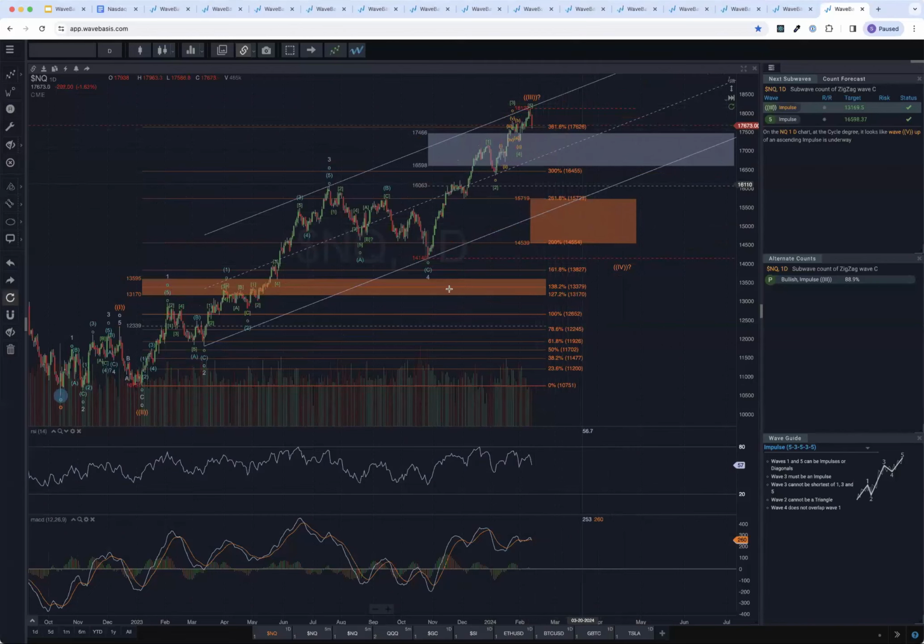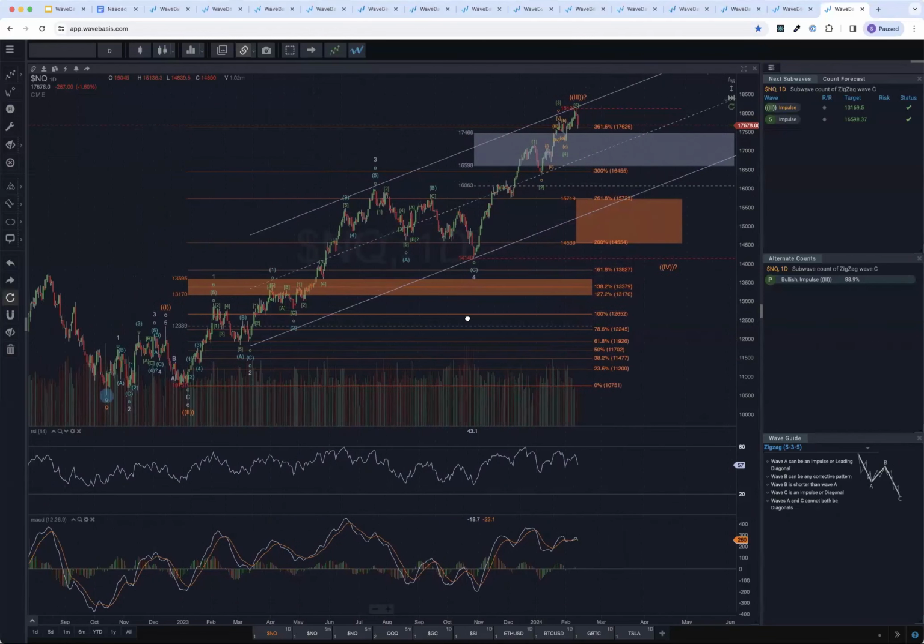So I wanted to talk through why this count. One of the things I always like to make sure people understand is that you should be comparing counts, especially when there are alternate interpretations. And there's a particular approach to assessing and comparing wave counts.